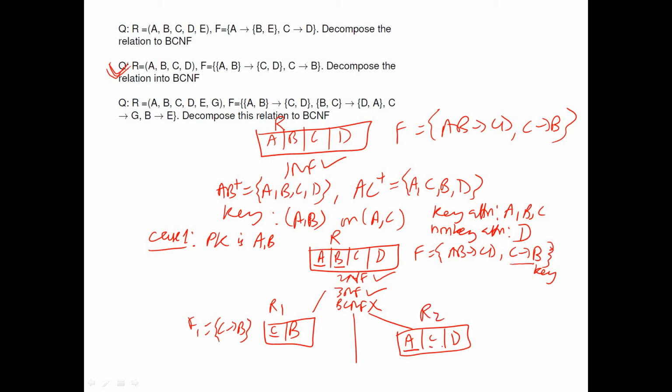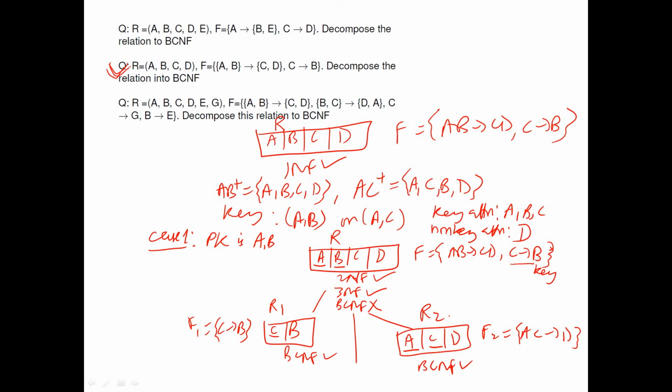So now AC will be treated as the primary key, right? So I can find F2 as AC to D, because AC is also a key, that's why AC to D can be derived. So this is present in BCNF, and this is also present in BCNF. By considering AB as the primary key, I found the tables R1 containing CB, R2 as ACD.